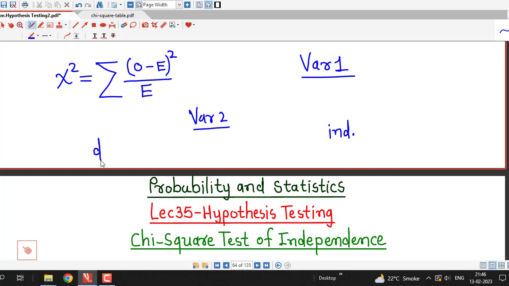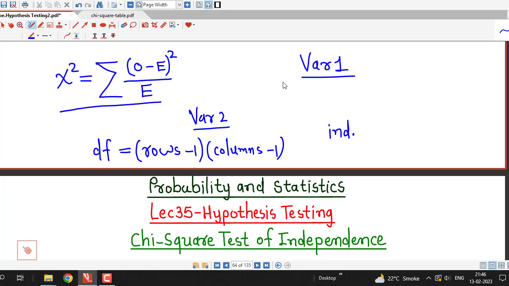To find the critical value, we consider degrees of freedom equal to number of rows minus 1 times number of columns minus 1. Whenever we have this chi-square test of independence, the question will always be in this form.